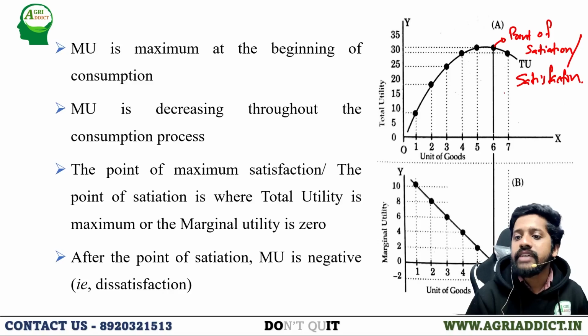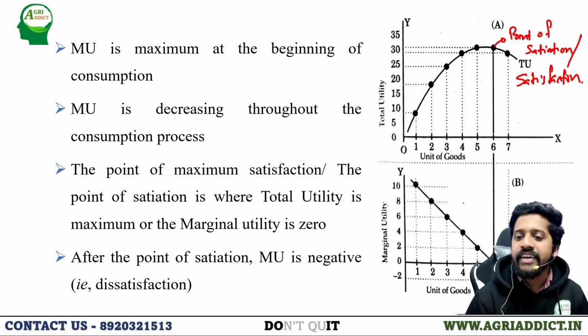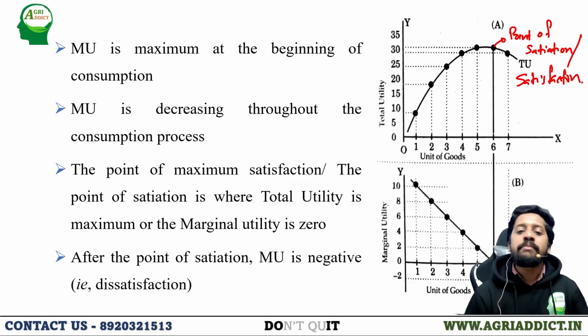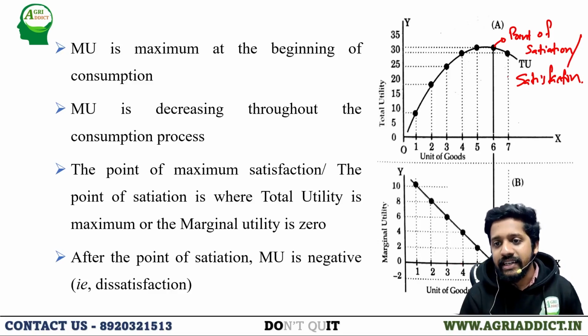Where does the point of satisfaction lie? That is the point where total utility is maximum, or else we can say that marginal utility is 0. So when marginal utility is 0, or when the total utility is maximum, we will be totally satisfied. And what happens after that point? Our total utility starts to decrease, right? See, after the 6th unit of consumption, what is happening here?